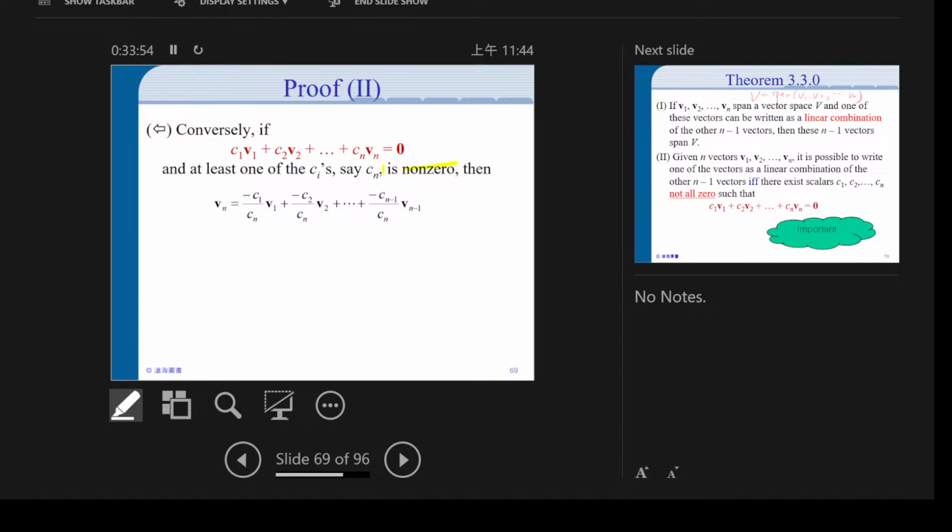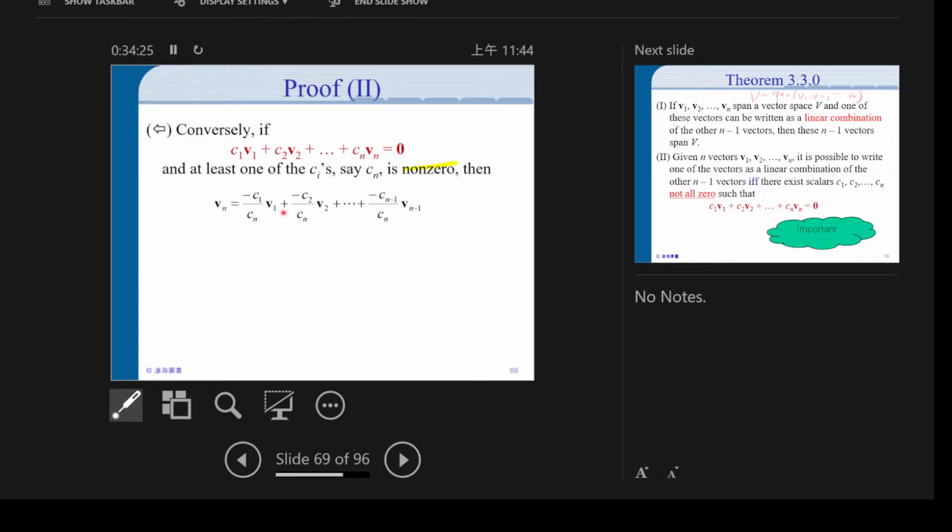Then we can divide everything by Cn because it's non-zero. So we divide everything by Cn, and then we have a coefficient of 1 in front of Vn, and we just move everything to the other side. We see Vn is equal to minus C1 divided by Cn times V1 plus minus C2 divided by Cn times V2, etc. So we have Vn equal to a whole bunch of coefficients times V1 to Vn-1.